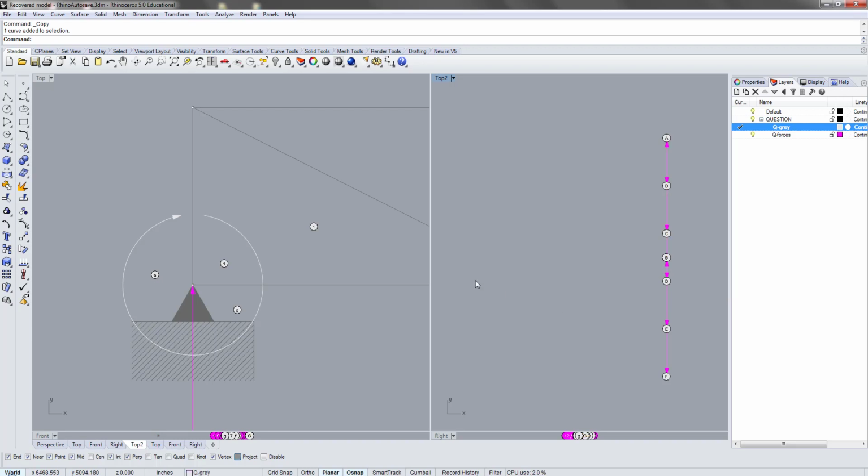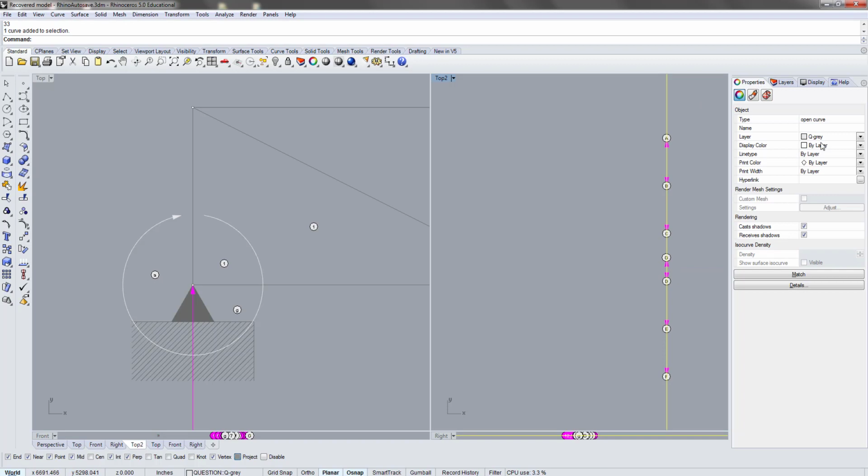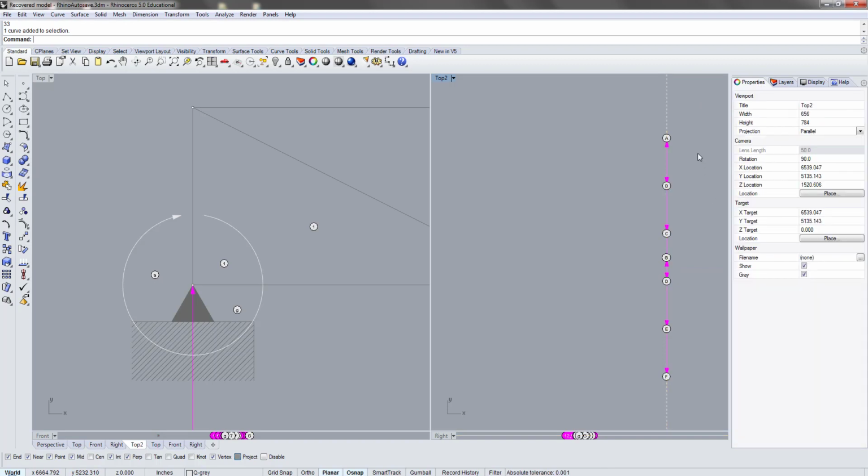And now we will have a vertical force, so let's say that's a dashed line. This one right here is between A and 1, right?